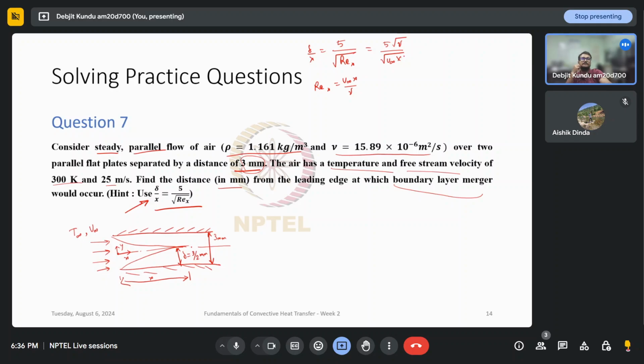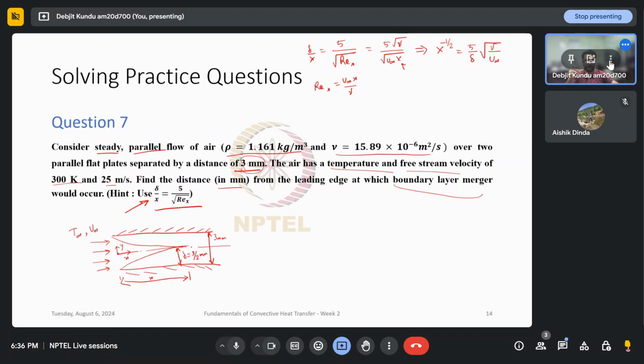So delta over x equal to this. Okay, I'll transfer this x to the left hand side. So this becomes root x by x, which is x power minus half, and that should be equal to 5 over delta into nu over u infinity.